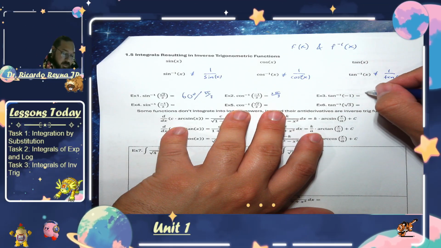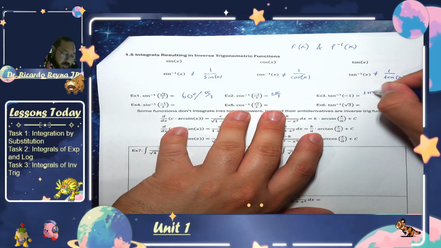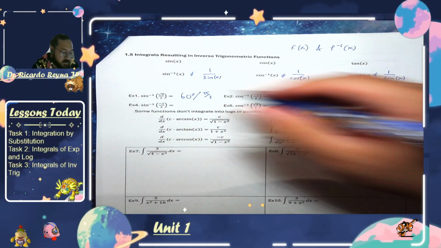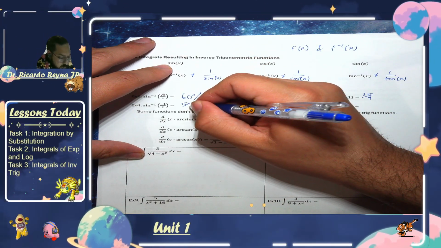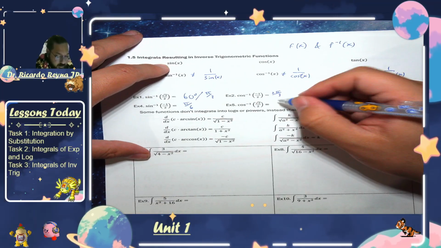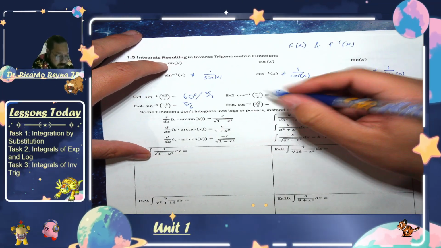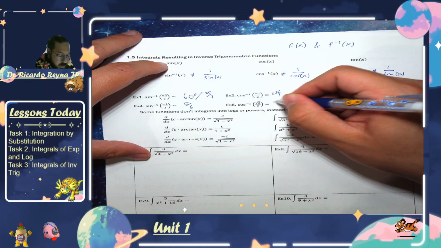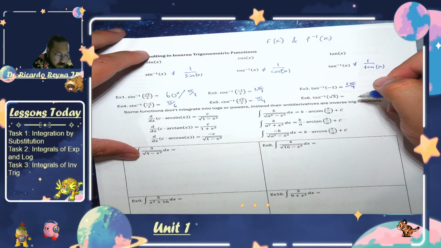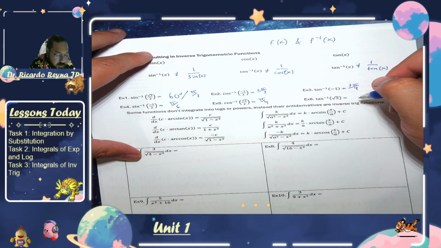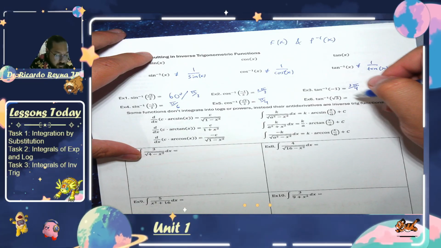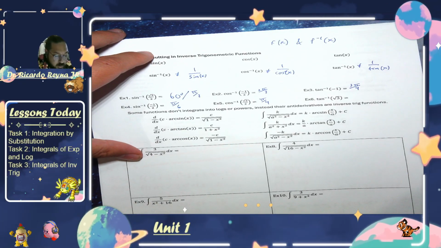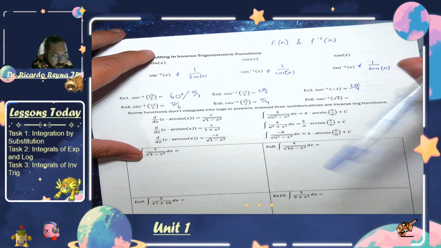That's going to be 3 pi over 4. Over here, that's going to be pi over 6. Here, cosine, so that's going to be pi over 4. And this guy is going to be, I know it's on the right quadrant, but what is it?